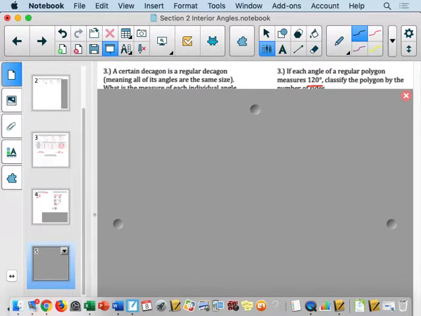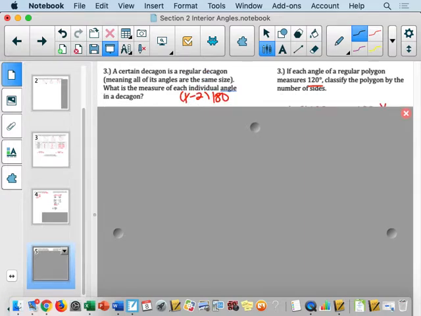On number 3, it says a certain decagon is regular. Again, regular means all the angles are the same size. What's the measure of each angle in a decagon? Start with your equation: x minus 2 times 180. That would give me the whole entire sum.